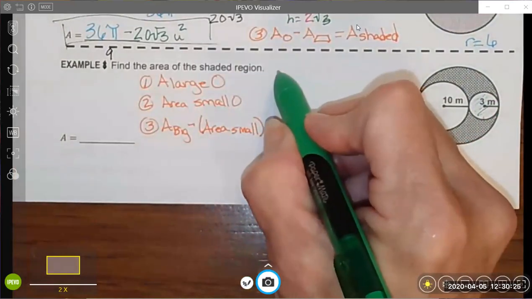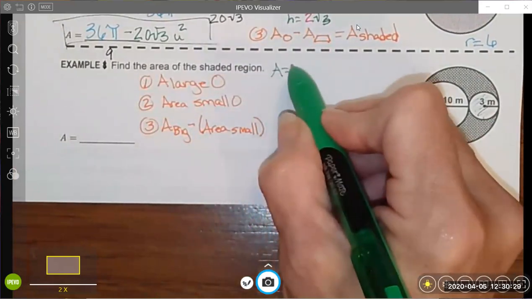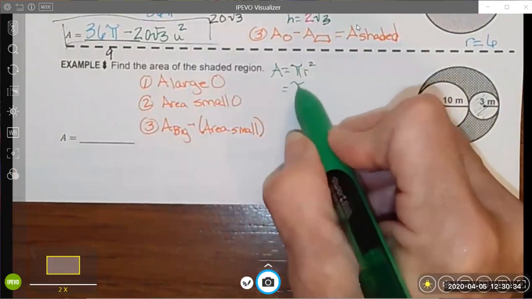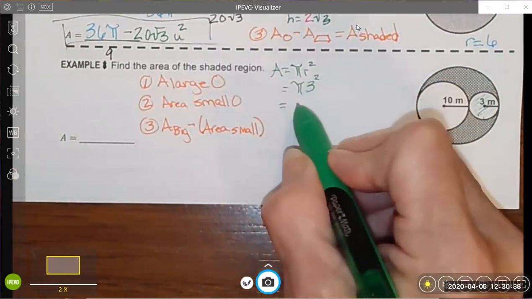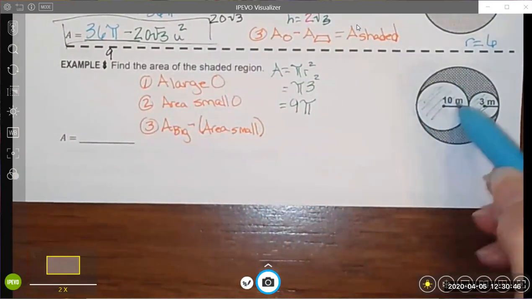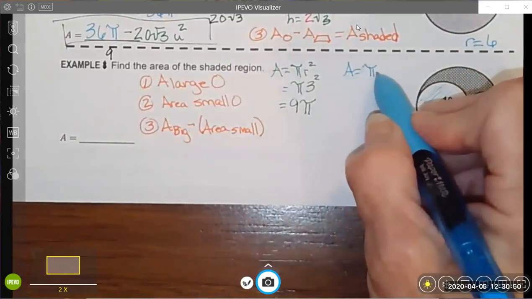If I look at my green circle, the smaller circle, and if I use pi radius squared, then I'm going to substitute in the radius of 3, and I come up with 9 pi as the area for this smallest circle. If I look at the next circle, I can use that same formula, area equals pi r squared.